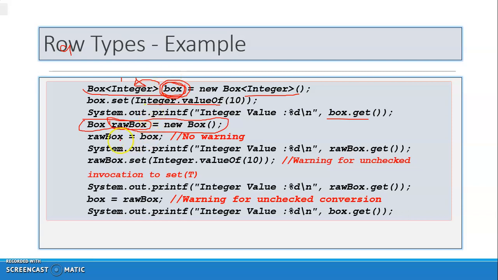That reference is assigned to the object of the raw type. But because Integer is lower in the hierarchy, and this raw type is taken to be Object in our case, this will not bring any warning. That will be okay. But if you try to do the other way around, taking the raw type and assigning it to Integer, you may have some warnings.